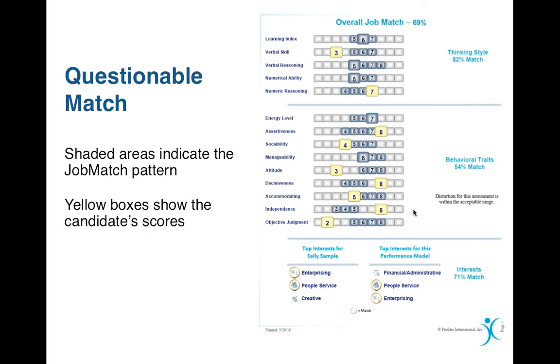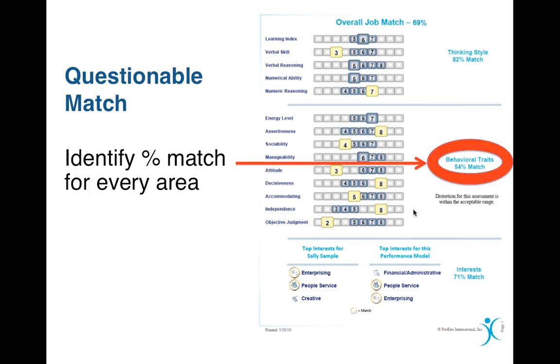Look at just an example of the attitude scale under the behavioral traits. They are two scales farther away from the performance model based on your top performers. As you can see, under the behavioral traits, there's only a 54% match against the performance model.